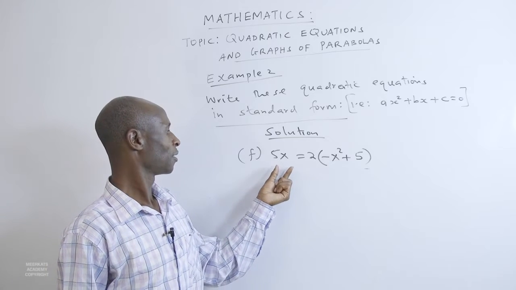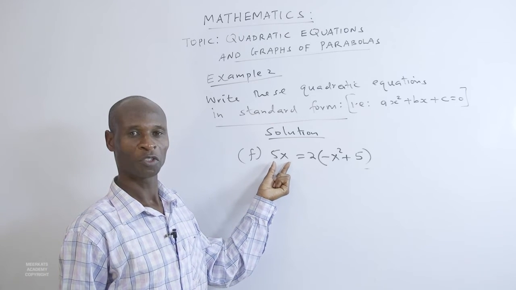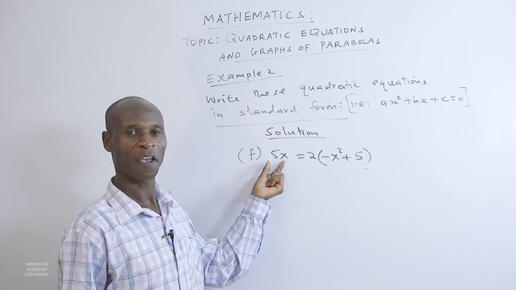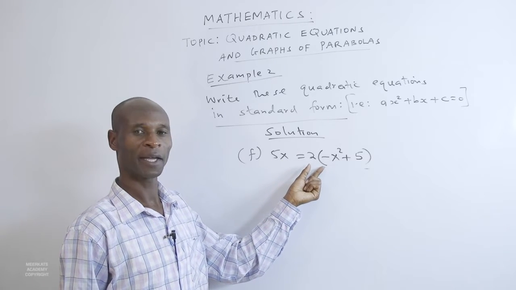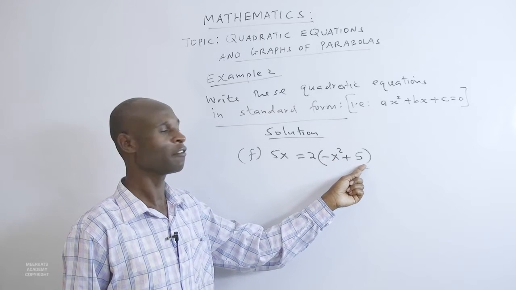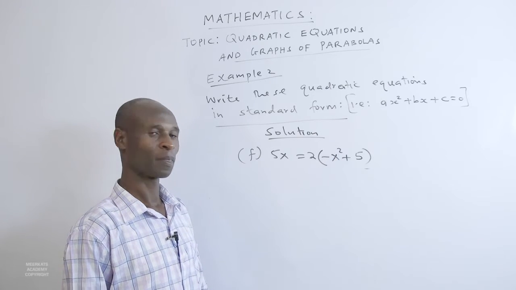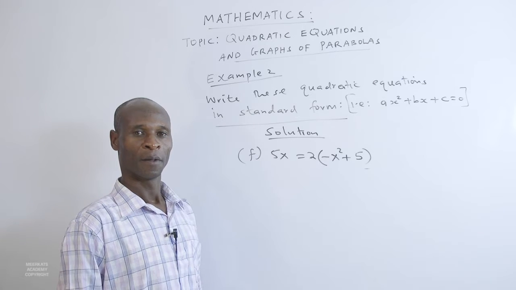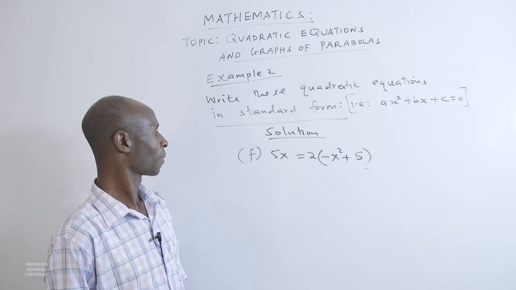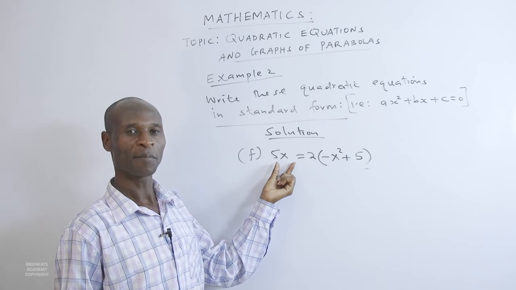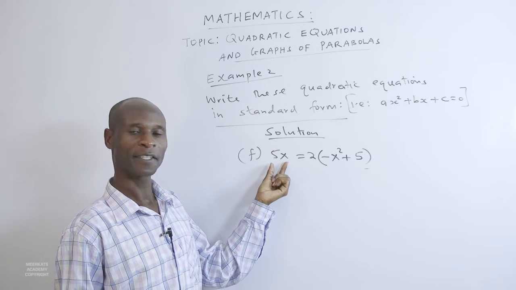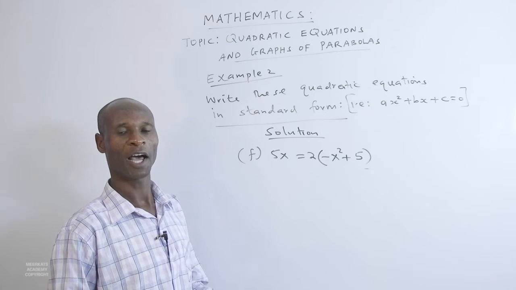Now class, what will be the expression for such a situation like in part F, where we have 5x is equal to 2, open bracket, minus x squared plus 5, close the brackets. Again, just like in our previous example, the left-hand side is simplified, so we shall have 5x.